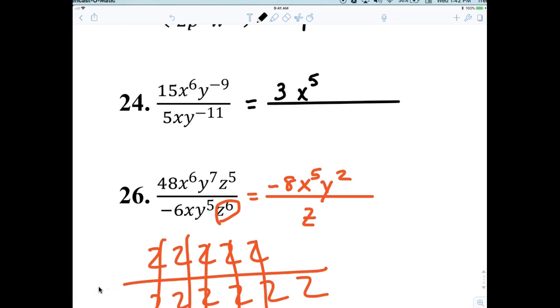I would recommend that you just write y to the 11th and y to the 9th. That way you can see it better. So now your answer is y to the 11th over y to the 9th, which simplifies to y to the what? Y squared. Exactly right. So that's the answer for number 24.